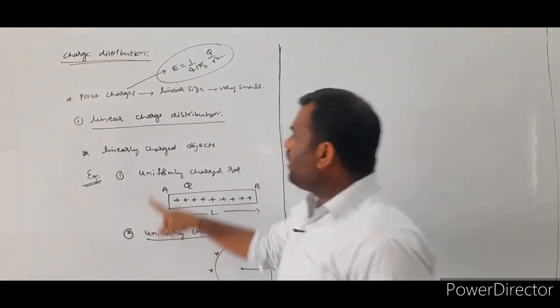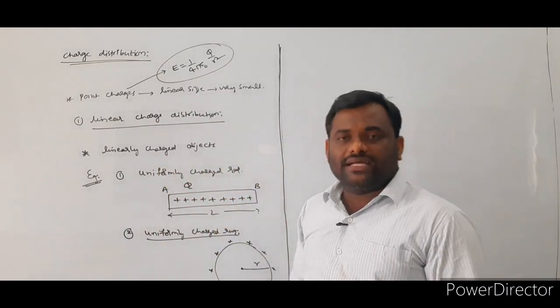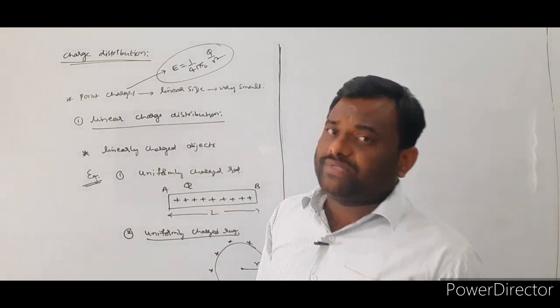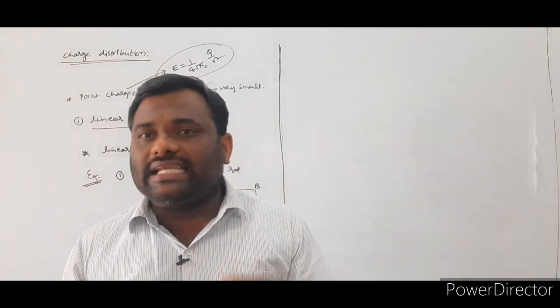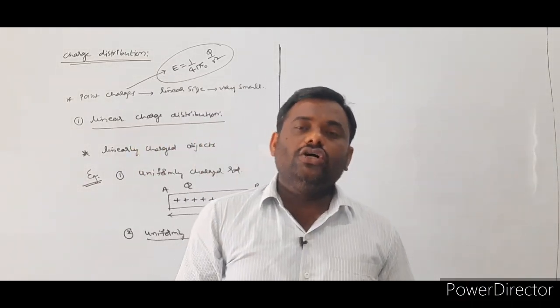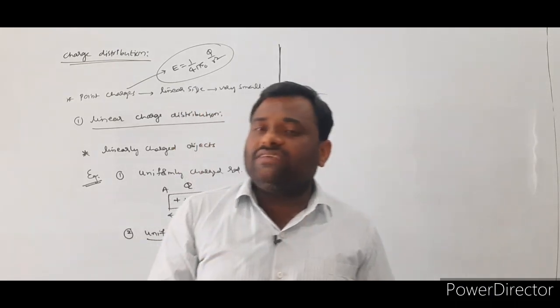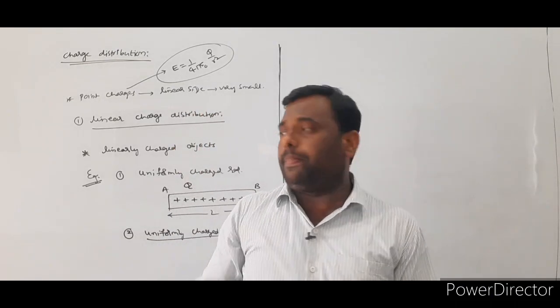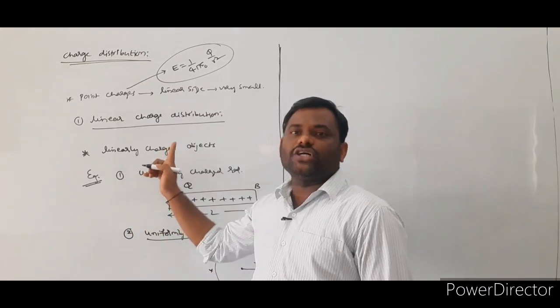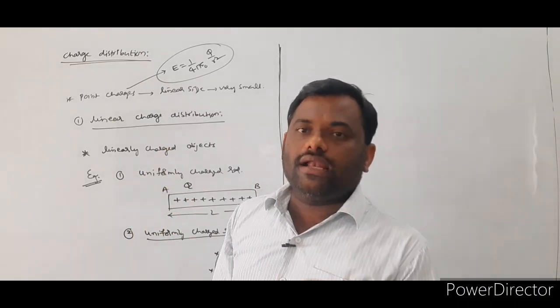Here also, the linearly charged objects we consider produce an electric field, so to find the electric field intensity produced by linearly charged objects, we need one physical quantity.